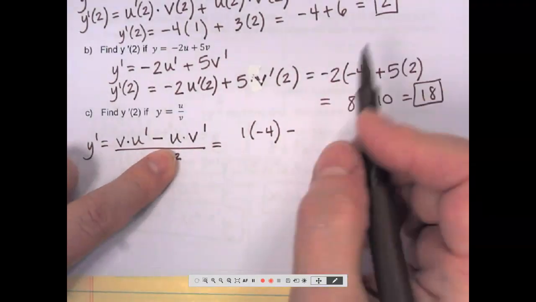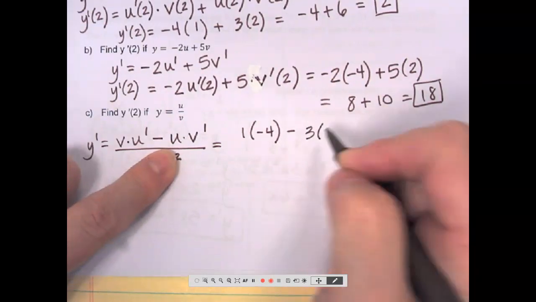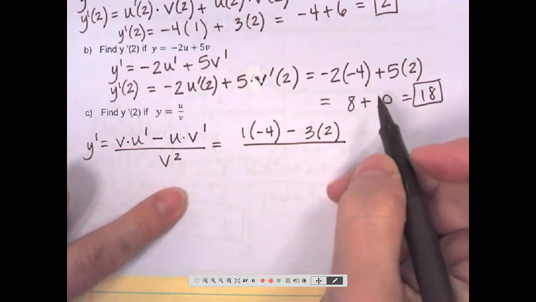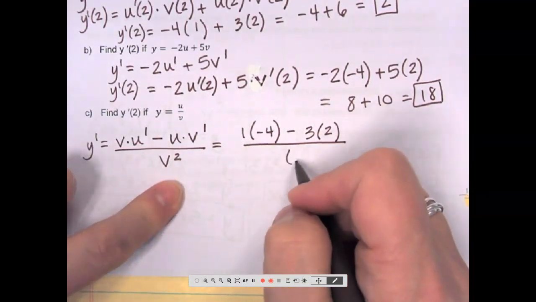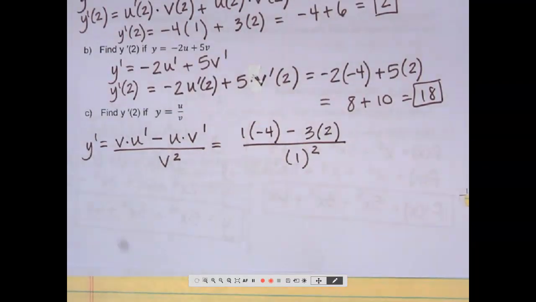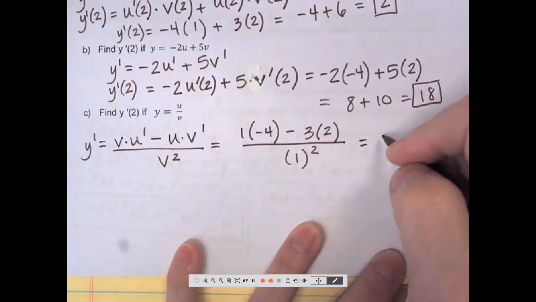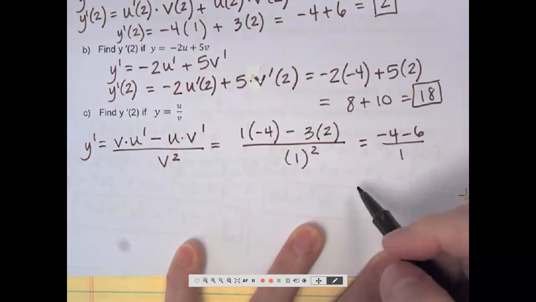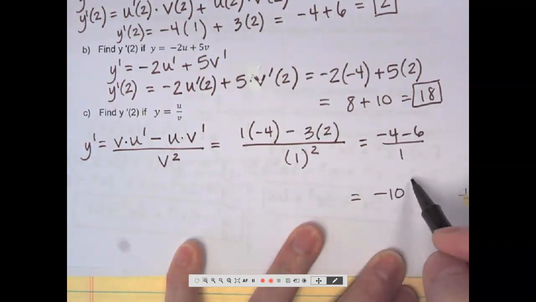Minus u of 2, then v prime of 2, over v, which is 1 squared. Okay, negative 4 minus 6 over 1 is negative 10.